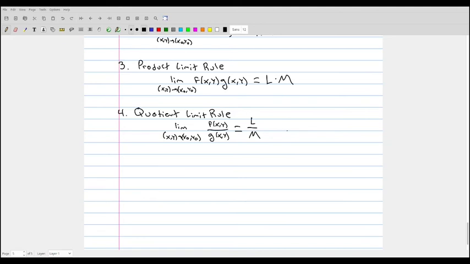This is, again, assuming that m is non-zero. And this just guarantees that we're not dividing by zero. So as long as the limit of f and g exist and m is non-zero, you can say that the limit of the quotient of f over g is just going to be equal to L over m.